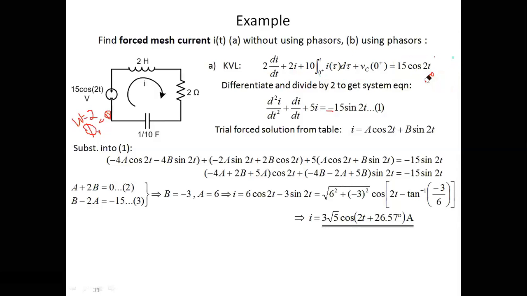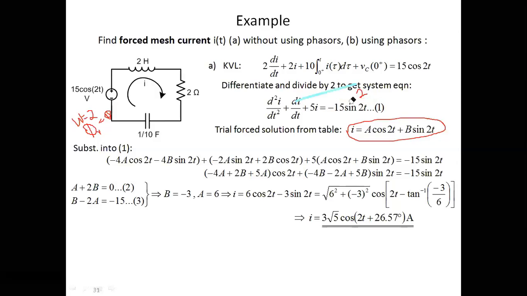All right. So if we have it the way it is here, we can then go ahead and say this is our forcing term, as you can see, because we're looking for our forced mesh current. Assuming this was a constant, let's say equal to 12 or 15 or 30 or 100 or anything, our trial forced solution would be assumed to be A. But this time around we have to assume a trial solution that is a trigonometric function, because our forcing term is a trigonometric function, and this is how you obtain what you assume to be the solution to the forcing term.